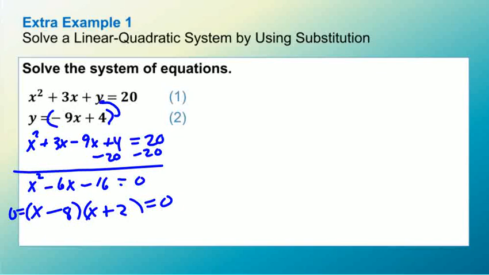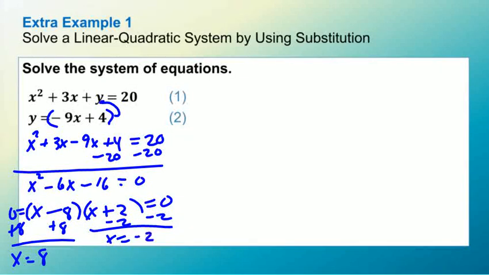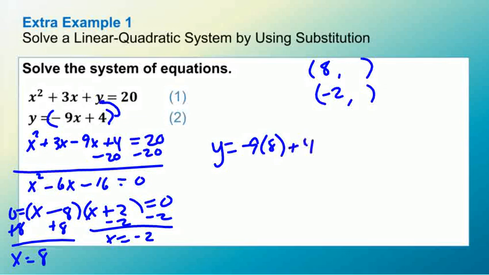Make them both equal to 0 and solve. So I can have x equaling 8, and subtracting 2 here, I would have x equaling negative 2. So I have my ordered pairs, one where x is 8 and the other where x is negative 2. I just now need to find my y, so I'm going to use this bottom one. So y equals negative 9 times 8 plus 4, and then y equals negative 9 times negative 2 plus 4.